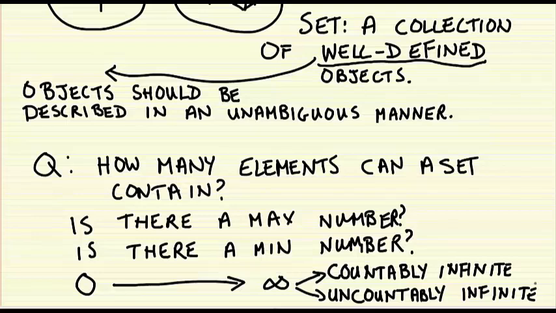So later today we'll have a look at this idea of how many elements are in a set. That general idea is called the cardinality of a set, and as I said, we can go from 0 elements all the way up to an infinite number of elements, and within that idea of infinity we actually have different types of infinity that need to be considered also.